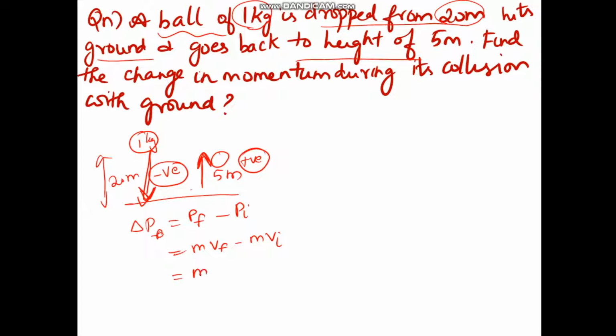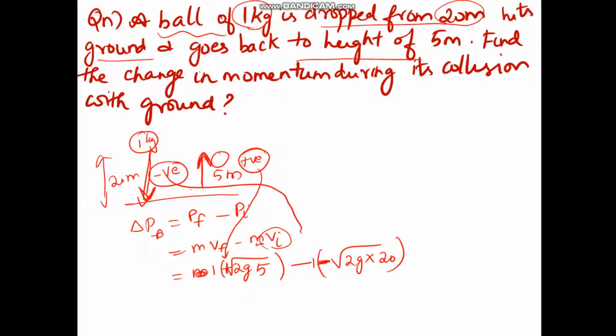Final is m into, mass is 1 kg, so 1 into root of 2g into the final height reached, 5 meter, plus since it is moving along the positive axis, minus of 1 into vi, which is root of 2 into g into 20 meter, and here I am putting negative since it is moving along the negative axis.